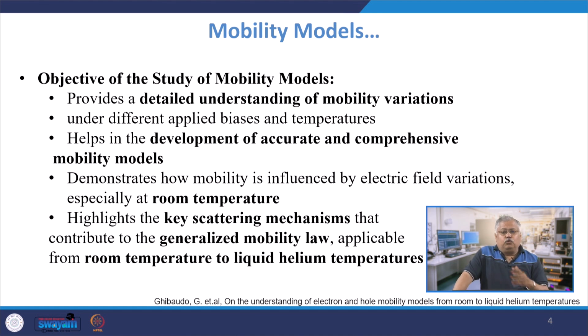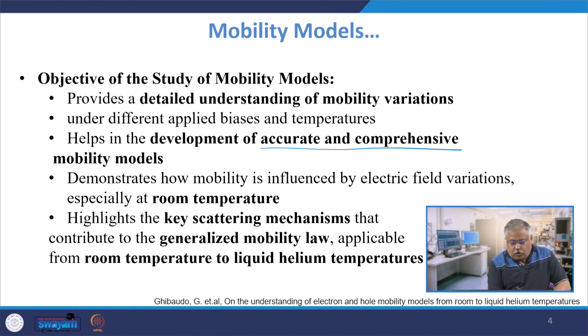The rule of thumb is: the lower the temperature, the higher the mobility. This helps me develop a very accurate and comprehensive mobility model. My final aim is to develop an accurate and comprehensive mobility model which will not only be field dependent, but will also depend on temperature.